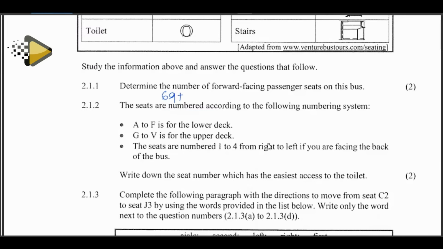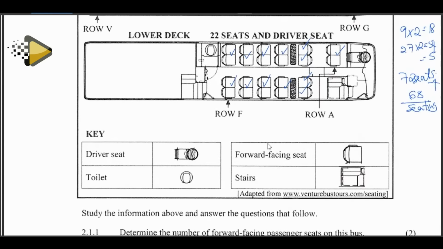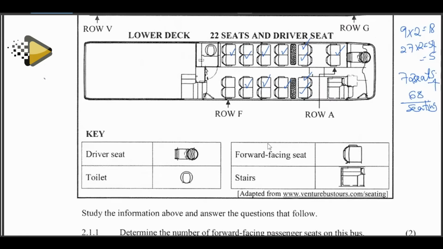Now the seats are set like that. They ask you to write down the number of the seat. Is this the access to the toilet? I believe it's this person here. Because they're telling us these numbers are numbered like from 1 going up.